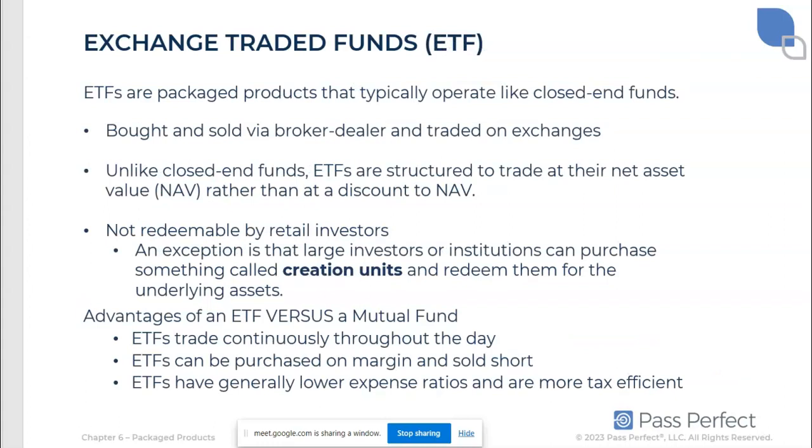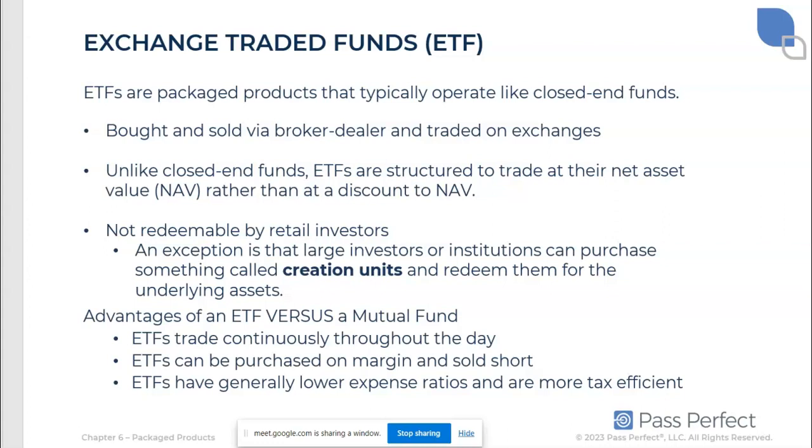Now, even though they look and act a lot more like closed-end funds, they're actually categorized as open-end funds. The reason is behind-the-scenes stuff. You see, a closed-end fund also trades like a stock, and its price is based on supply and demand, which means if the demand is very high, the price can get pushed up above its intrinsic or net worth value, its own net asset value.